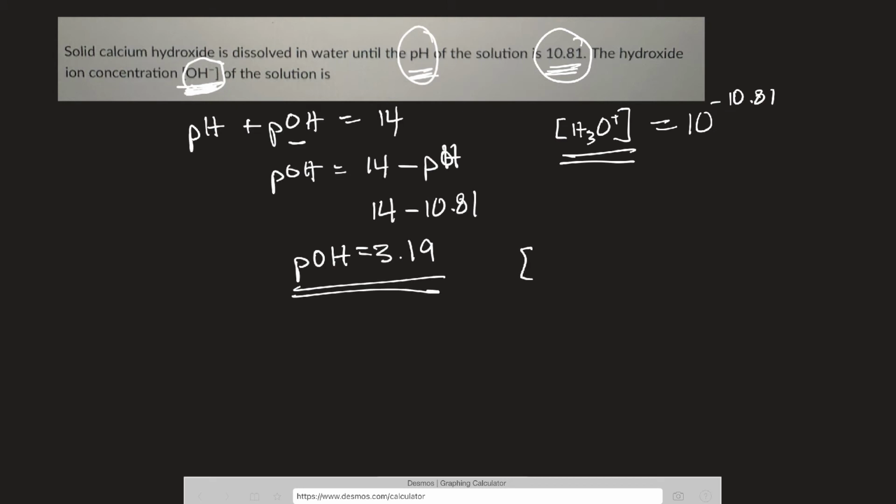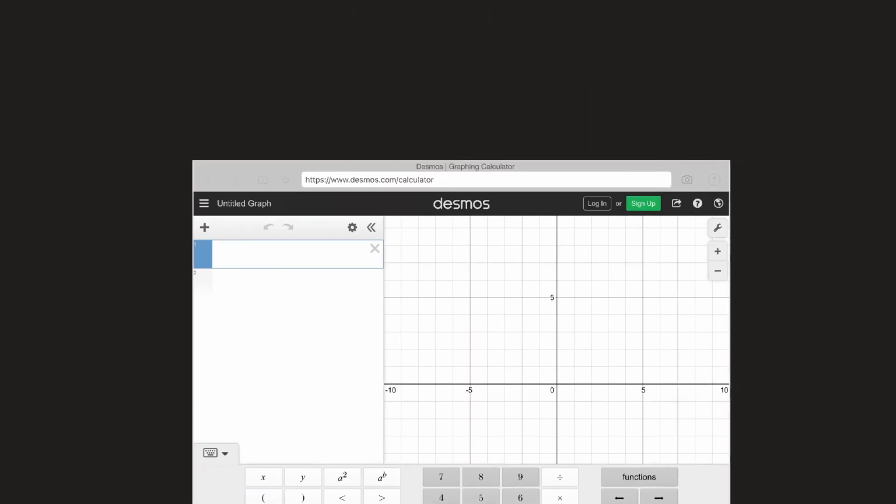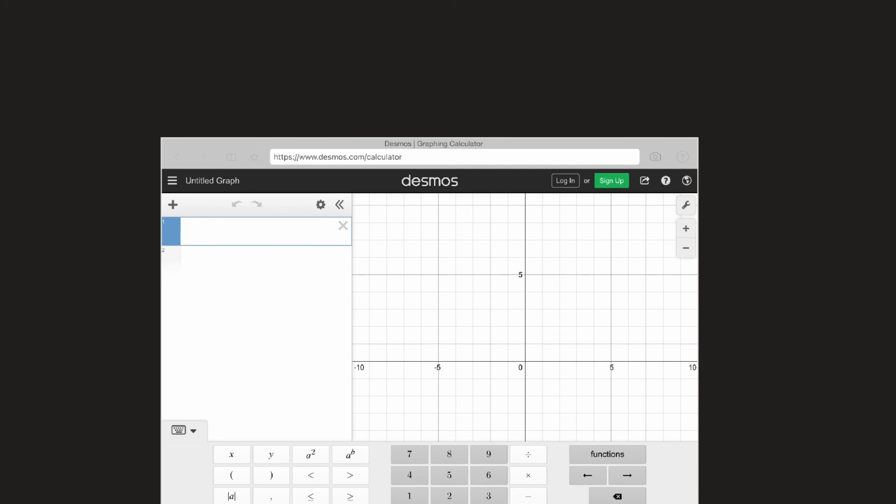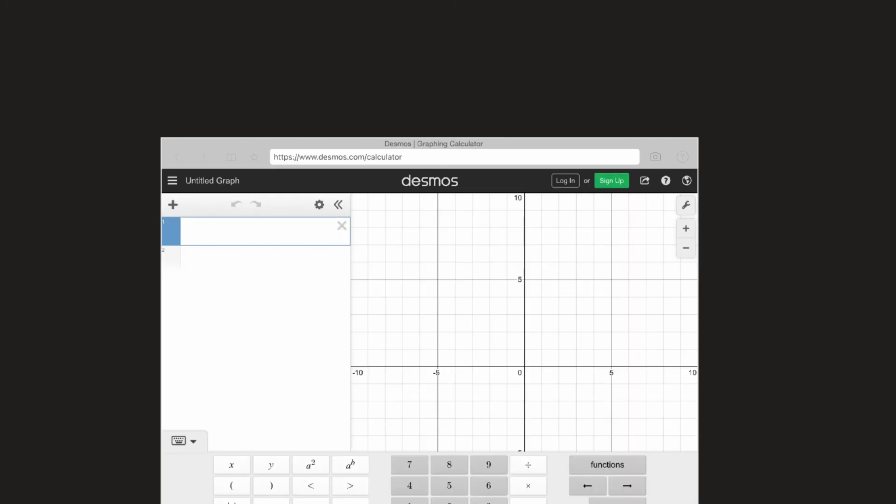Then to get the hydroxide ion concentration, you'll go 10 to the negative 3.19. Let's do that on decimals here. 10 to the, what was it, 3.19? Oh, I forgot a negative in there. Whoops. Negative. There.